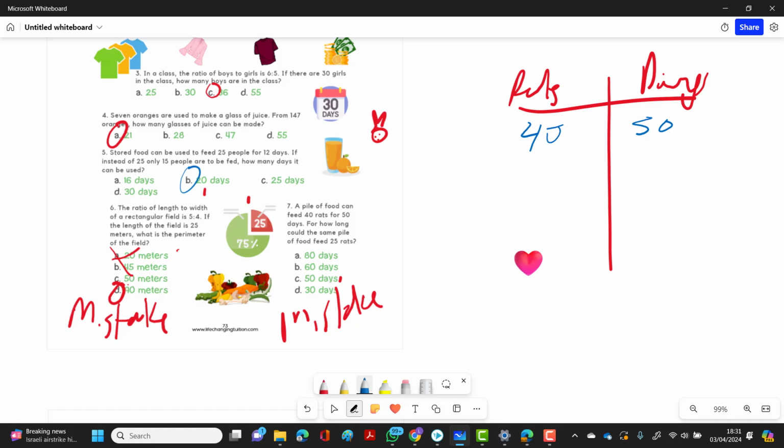So if this is 25, well, we can't go to 25 straight away, we'll go to 5. Divide by 8, so here times by 8, which is 400.